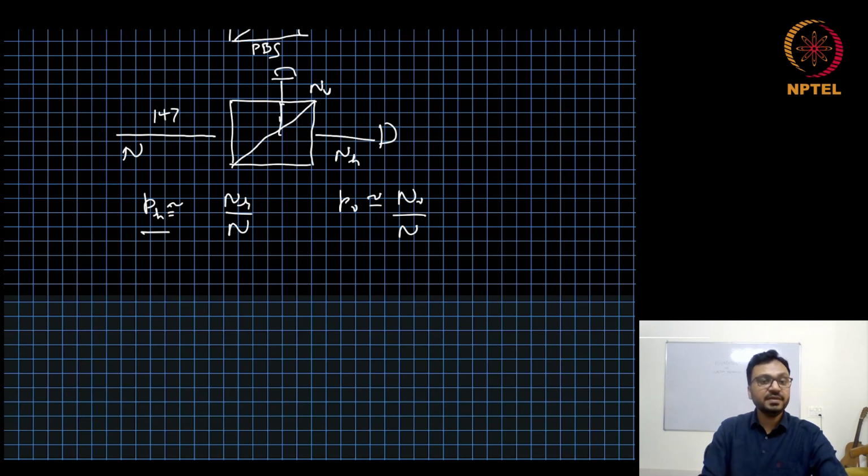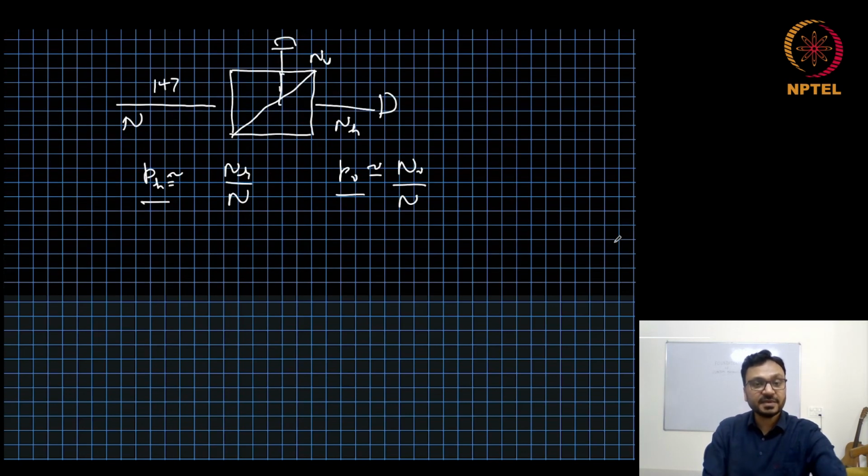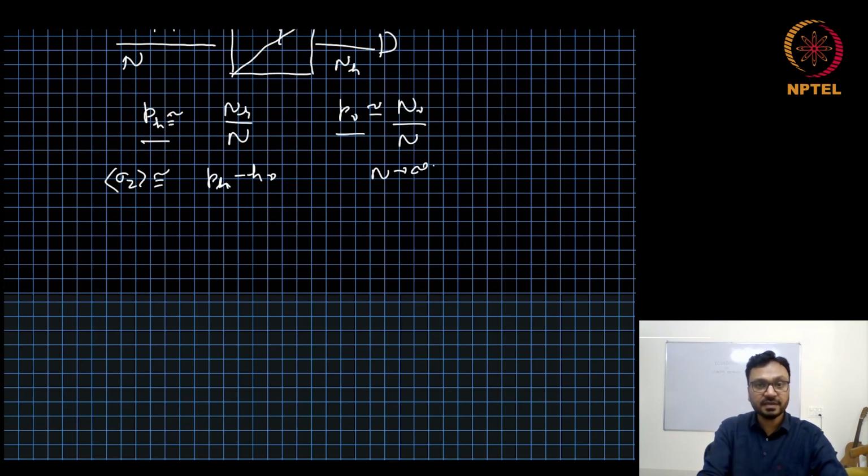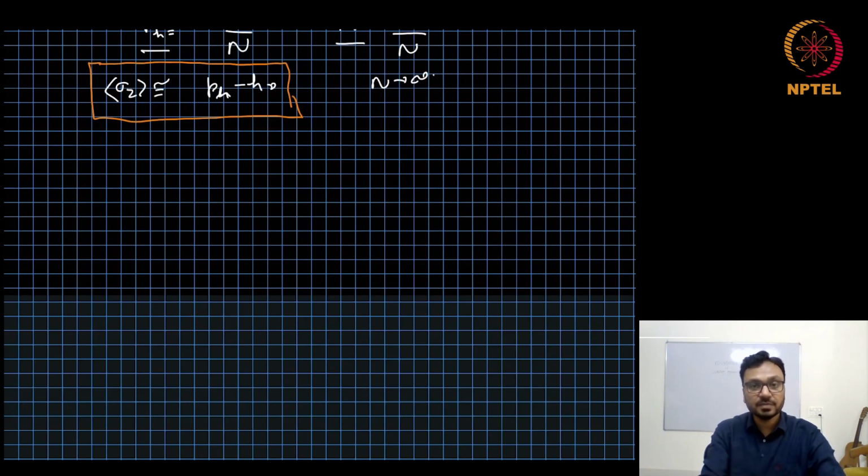So now we have the probability of the 0 state and the probability of the 1 state, and the expectation value of sigma z will be ph minus pv. This will be equal when n tends to infinity. In that way, we can experimentally measure the expectation value of sigma z. This was the easier part.